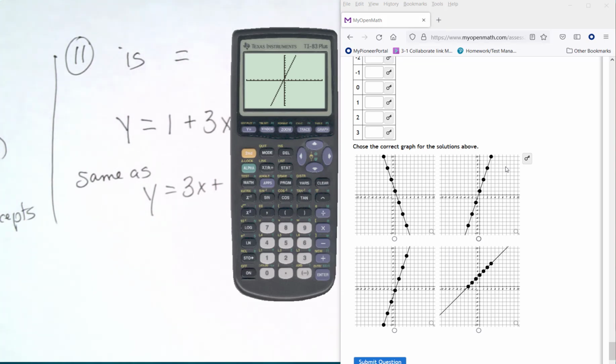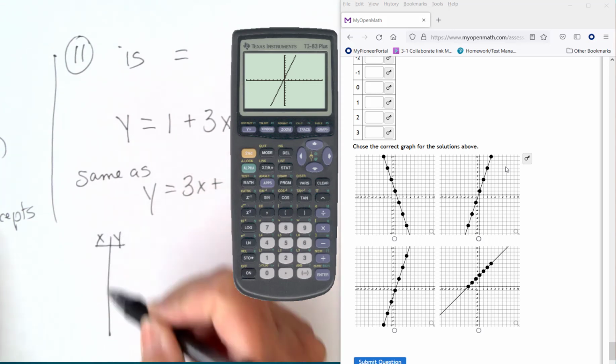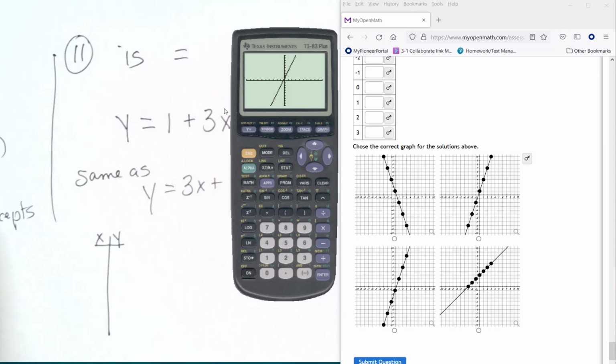So let's get our table. And I won't do this one by hand. I'll just make the table. Right, so remember, table is under second graph. You're doing the yellow function up above or whatever color your calculator gives.